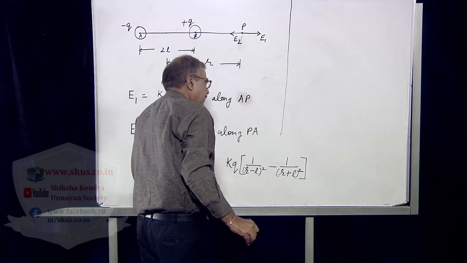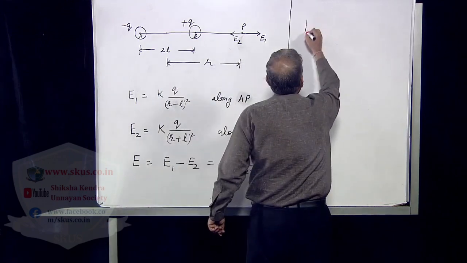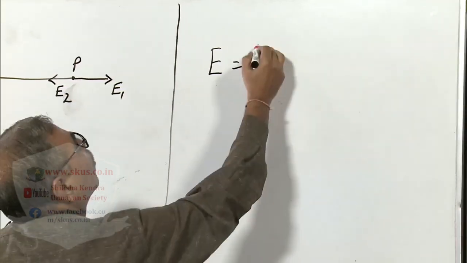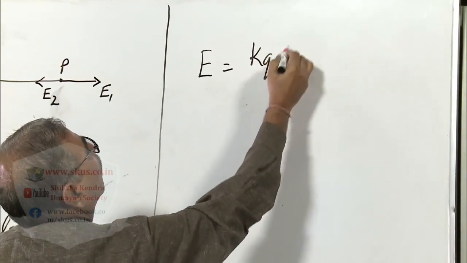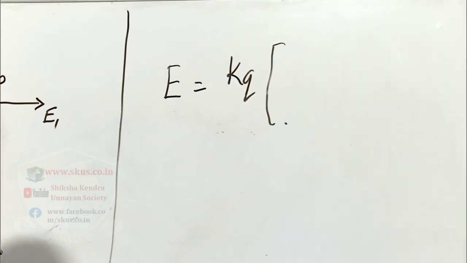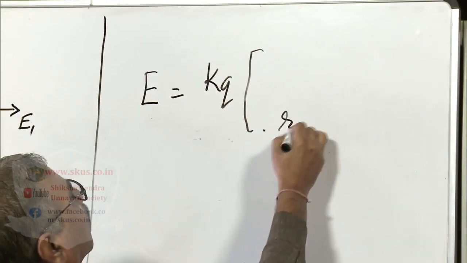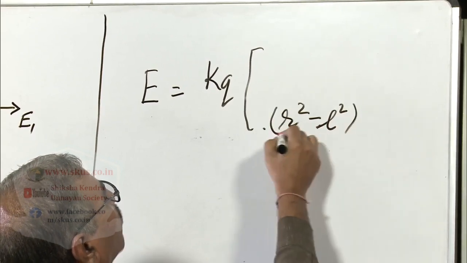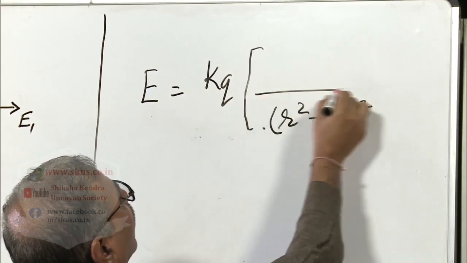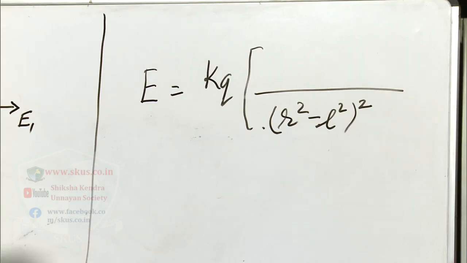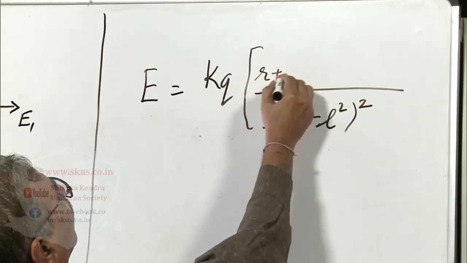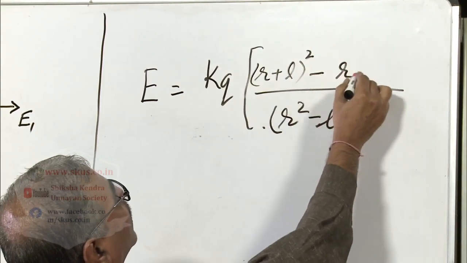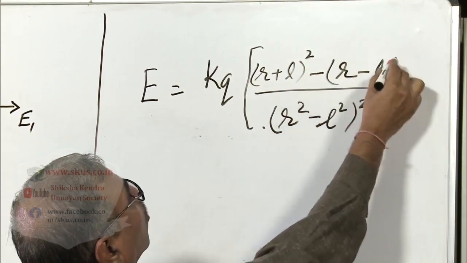Then, doing the necessary mathematics, E will be equal to KQ [(R square minus L square) whole square], and this is (R plus L) whole square minus (R minus L) whole square.